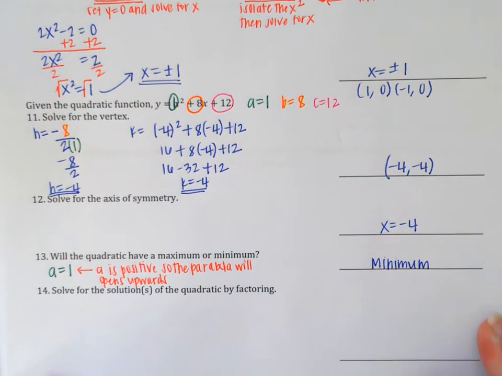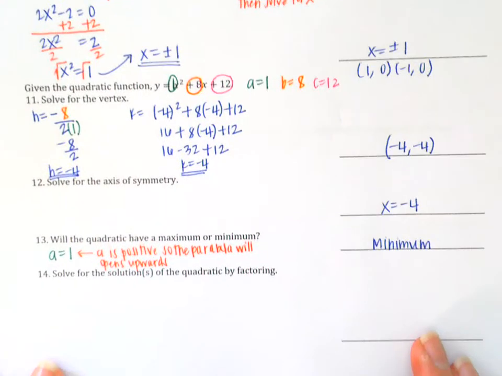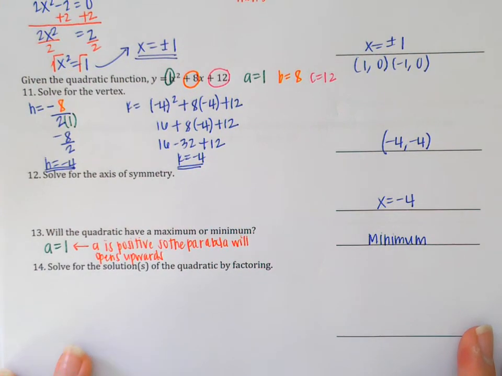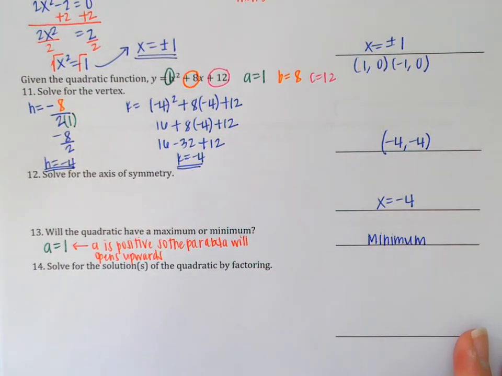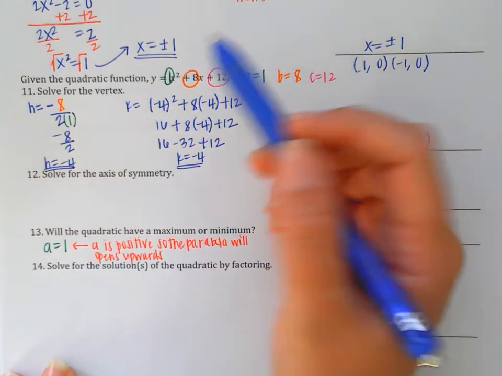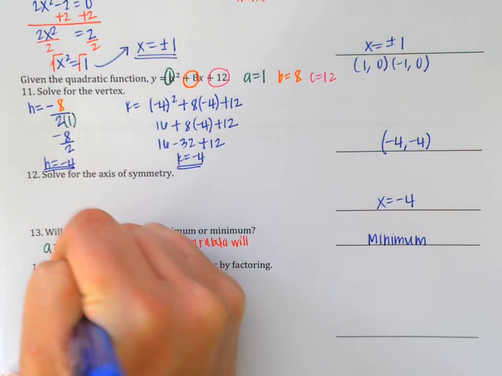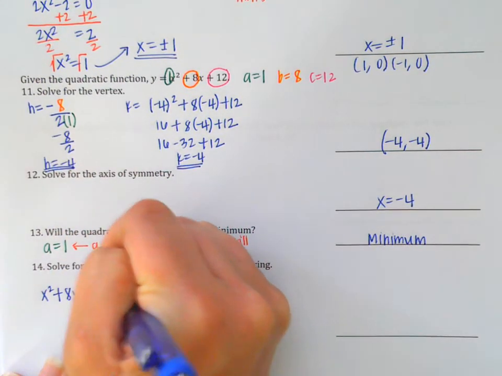Okay, last one is going to be solve the quadratic, or solve for the solutions of the quadratic by factoring. So again, same as 10, to find the solutions, we set y equal to 0 and solve for x. So that means we're going to take x squared plus 8x plus 12 and set it equal to 0.